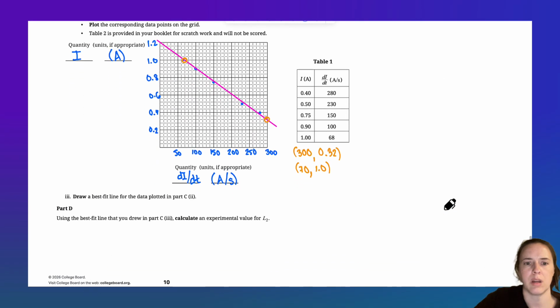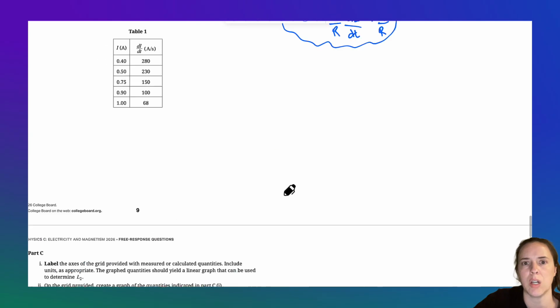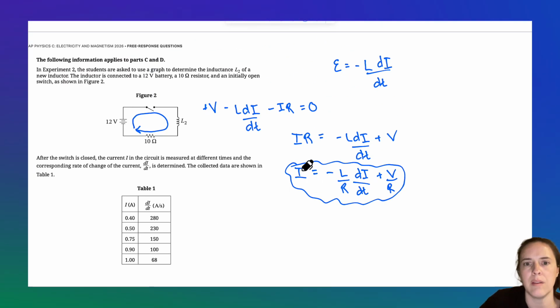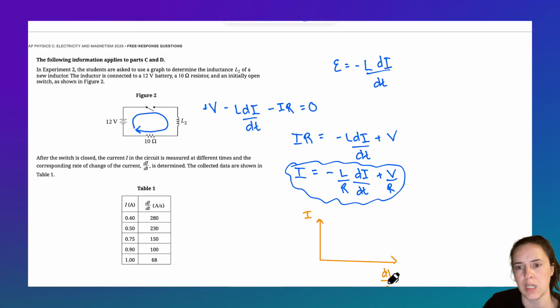All right, so we're going to calculate our experimental value. So we said up here that if I plotted I from my Kirchhoff loop, if I plotted I versus dI/dt, then my y-intercept is going to be V over R, which was 12 over 10, which is about 1.2, which is about what we saw when we graphed it.